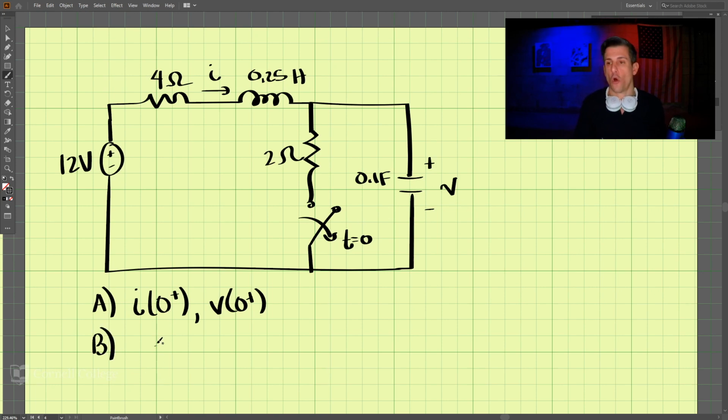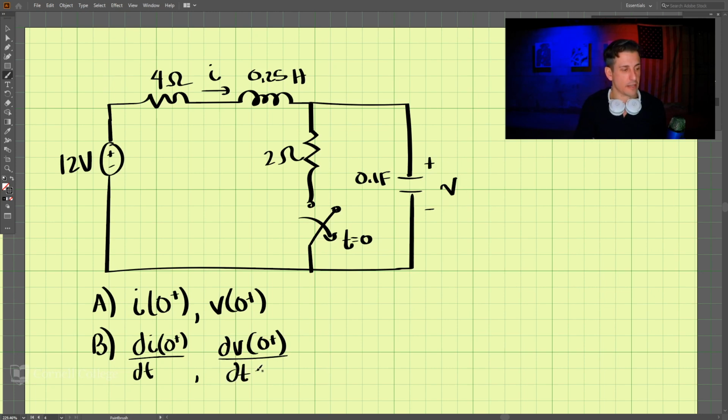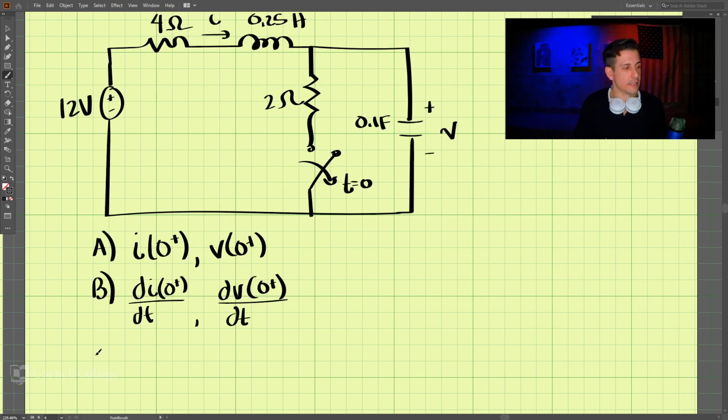Part B, we want to find di/dt at 0 plus, the derivative of the current with respect to time, and also the derivative of the voltage with respect to time. And then lastly, we want to find the current at infinite time and the voltage at time infinity as well.